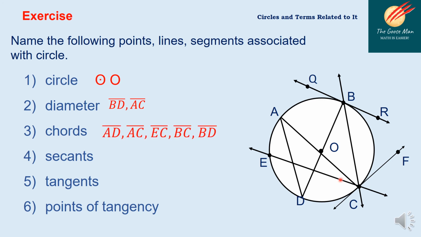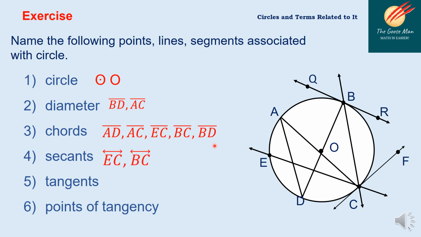Next, the chords. We have line segment AE, line segment AC, line segment EC, line segment BC, as well as line segment BD. Next, secants. We will look for the line that passes through the circle at 2 points.